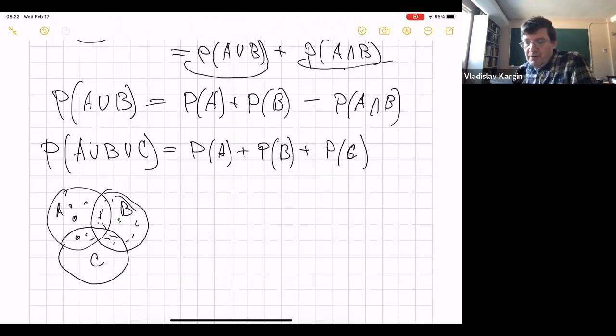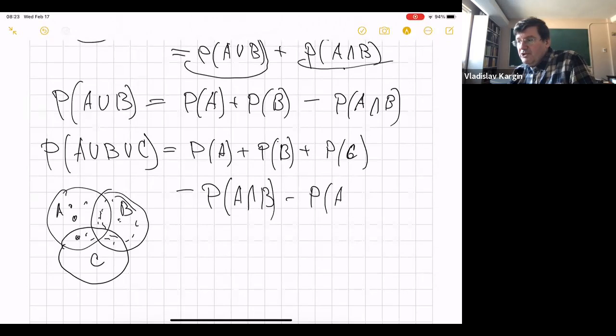The same problem as before arises: some outcomes will be counted twice. So I'll subtract them. I say minus the probability of the intersection of A and B, minus the probability of the intersection of A and C, minus the probability of the intersection of B and C.